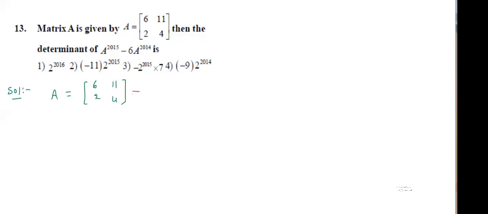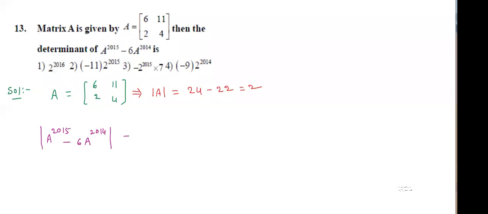Then what is the determinant of A? AD minus BC. 6 into 4, 24, minus 11 into 2, 22. That is, the determinant of A value is 2. Okay. Now determinant of A power 2015 minus 6 into A power 2014.